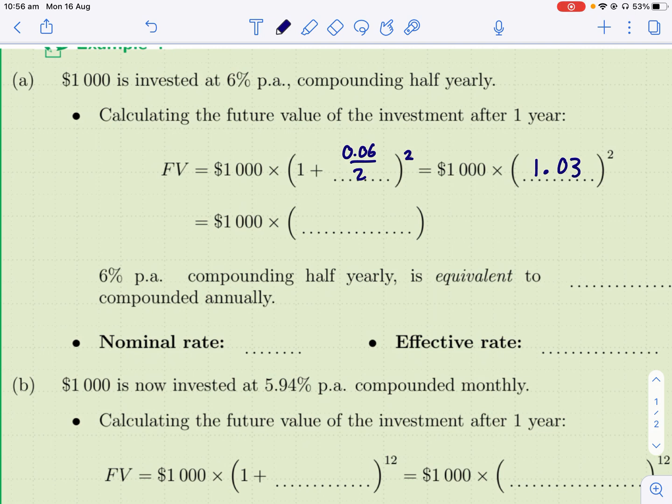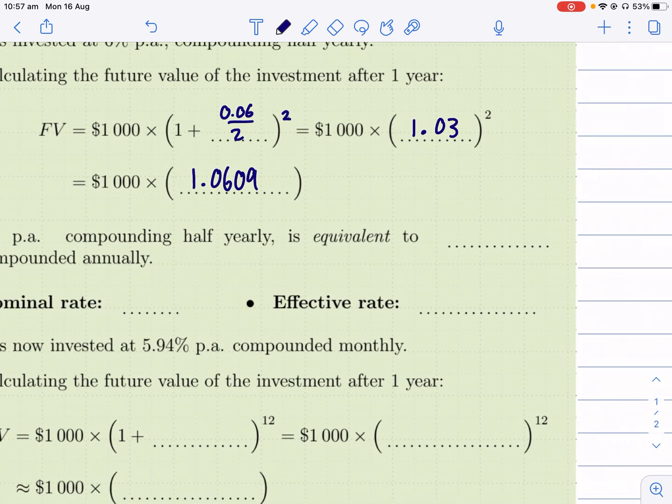Now, if we don't actually put the 1,000 in our calculator, we just put the 1.03 squared in our calculator, we would end up getting 1,000 times, and we'd end up multiplying it by 1.0609, which effectively tells us that yes, we could do it at 6% compounding twice a year, or we could do it as 0.0609, which is 6.09% compounding once a year.